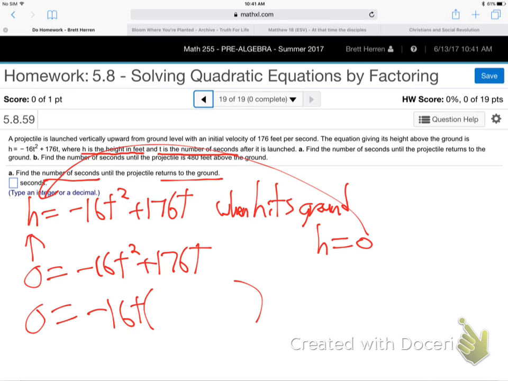So what goes on the inside there? Minus 16t times what? T. And minus 16t times what makes a negative 176? Negative 11. Good job. Everybody good so far?